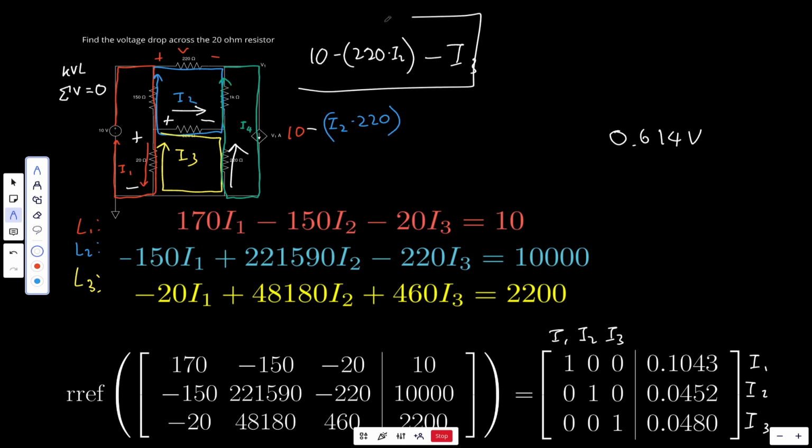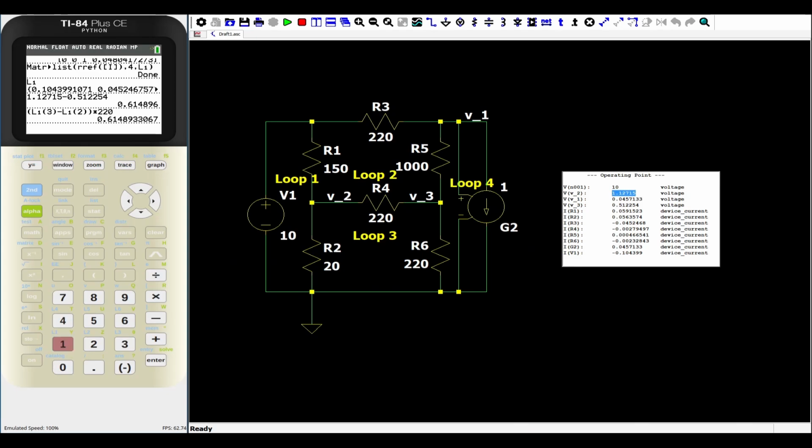Now, if we plug this into the calculator, let's see what we get, and let's see if this matches what the circuit simulator has to say. So here we are in the calculator. It's going to be 10 minus 220 I2. That's going to be the voltage loss, right? And since we are considering this to be in the positive direction, we now have to subtract loop 3, which was in the negative direction.